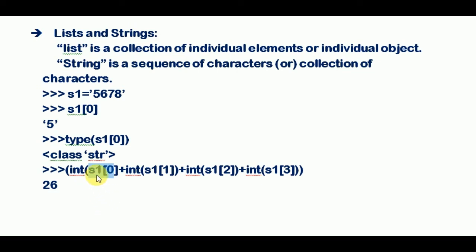So int of S1 of 0 plus int of S1 of 1 plus int of S1 of 2 and int of S1 of 3. And finally we got the answer 26.